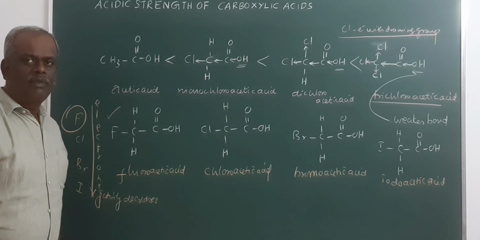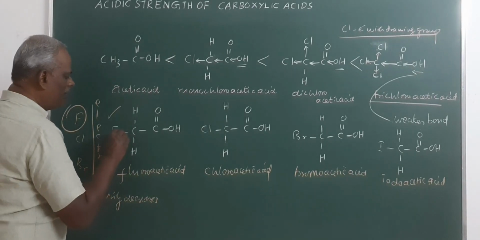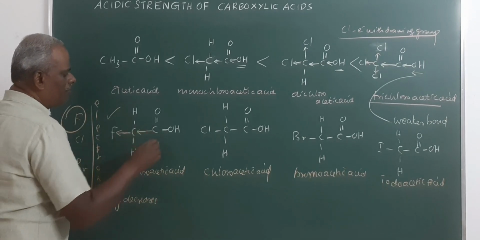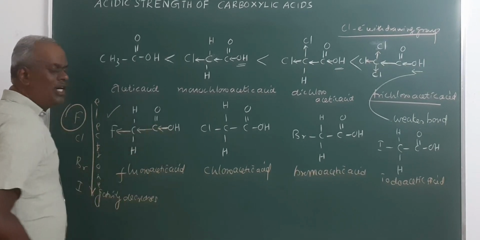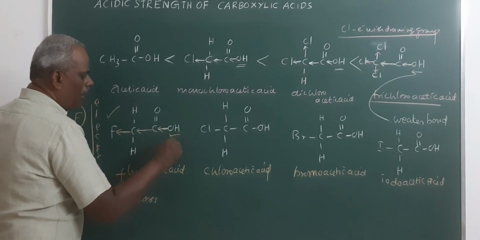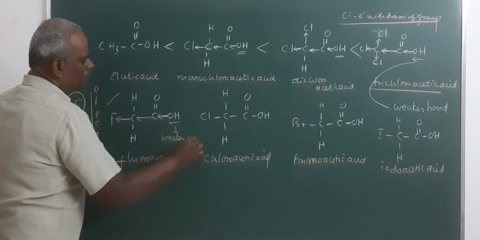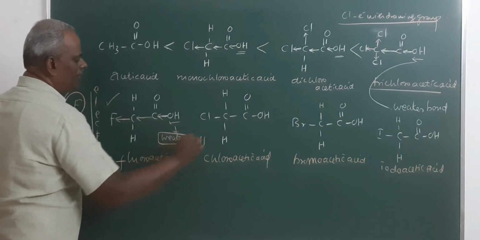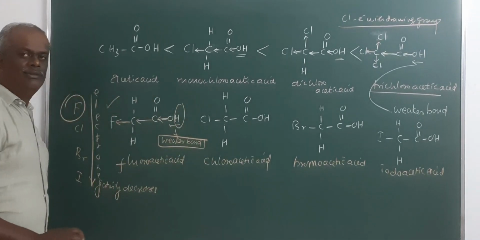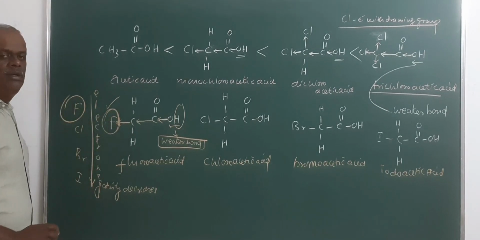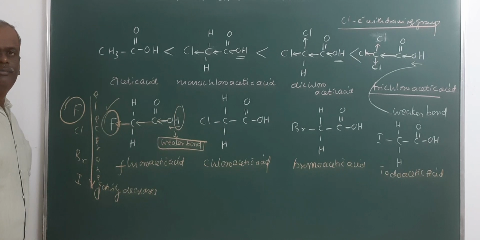Fluorine. So it has a better tendency to receive electrons from the nearby carbon, and this carbon is getting electrons from this, and oxygen is releasing electrons towards the carbon, and this bond is becoming a weaker bond, and hence this hydrogen is easily replaceable due to the greater electronegativity of the fluorine atom.